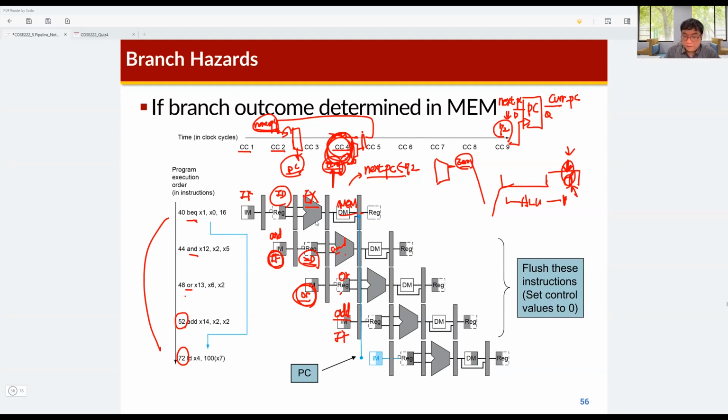Understand? And then at this time, the next PC becomes 72. Here, 72. And then what is the current PC? Current PC is 52.